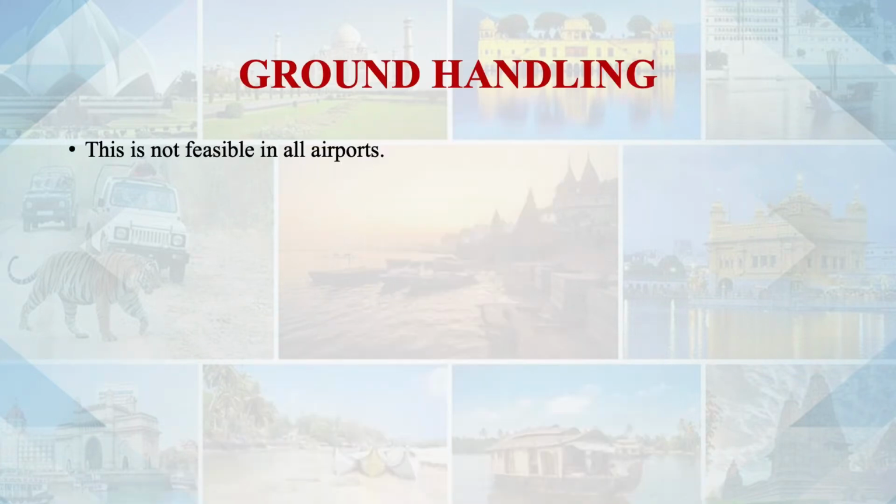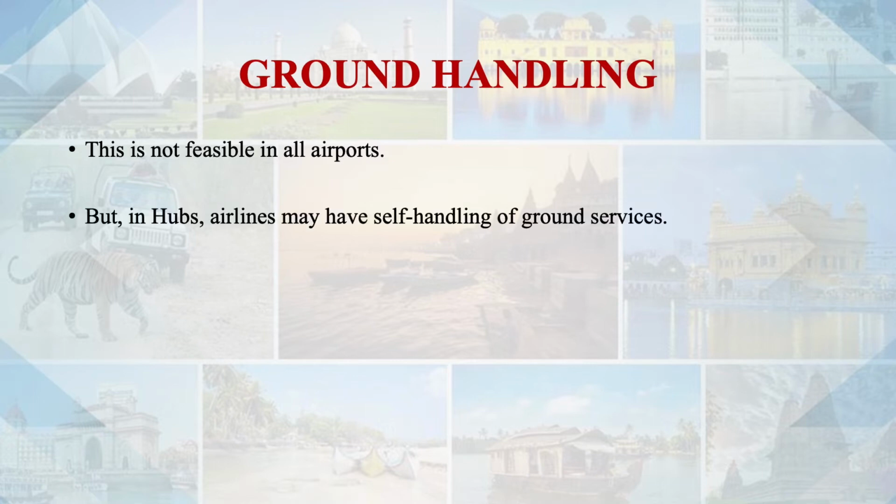So when it is self-handling, that means airlines will have their own facilities for arranging ground handling activities. But this may not be feasible in all airports. In hub airports, airlines may have self-handling of ground services. For example, Air India has its own ground handling activities in Mumbai as well as in Delhi.